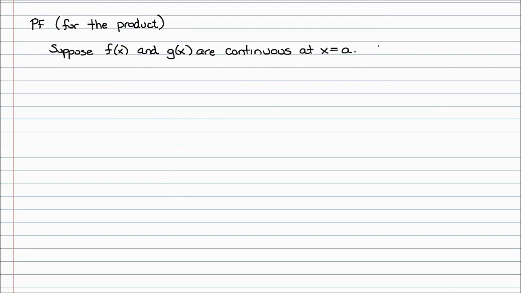Not only that, just because we know they're continuous at x equals a, the limit as x approaches a of f of x is equal to f of a, and the limit as x approaches a of g of x must also equal g of a. That's just because they're continuous.